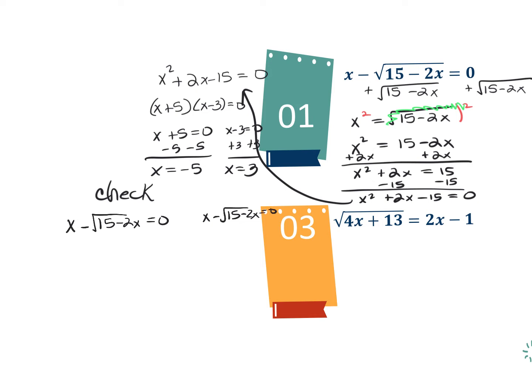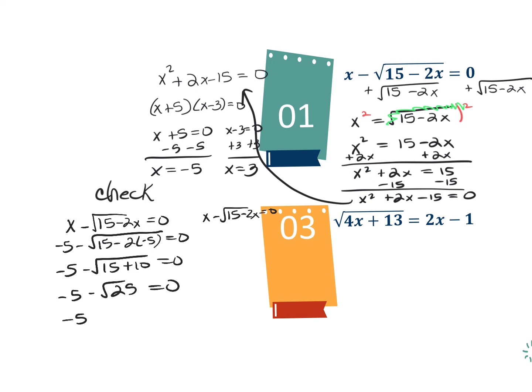So I'm going to replace x with negative 5 on this one. Going to follow order of operations and simplify everything here. So 15 plus 10 gives me 25. And negative 5, and then the square root of 25 is 5. Negative 5 minus 5 is negative 10. It does not equal 0. So negative 5 is not a good answer.